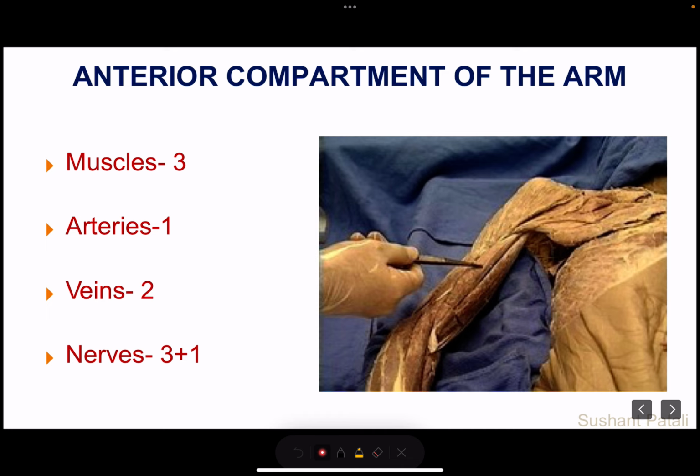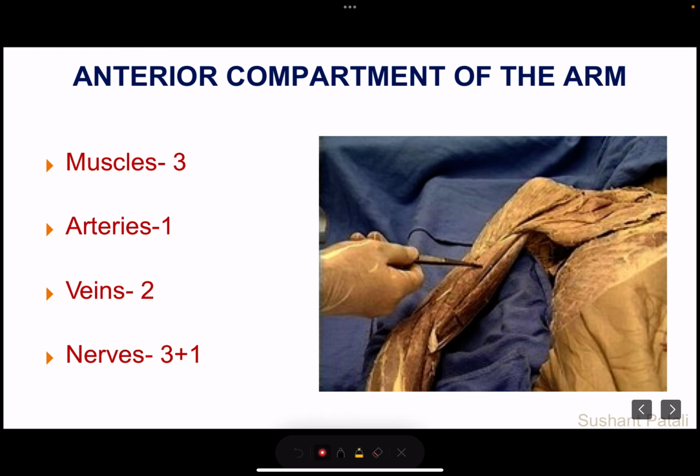So what are the contents of the anterior compartment of the arm? In the anterior compartment of the arm, we have muscles, we have vessels, we have nerves. The muscles are three muscles in the anterior compartment: the coracobrachialis muscle, the biceps brachii muscle, and the brachialis muscle.